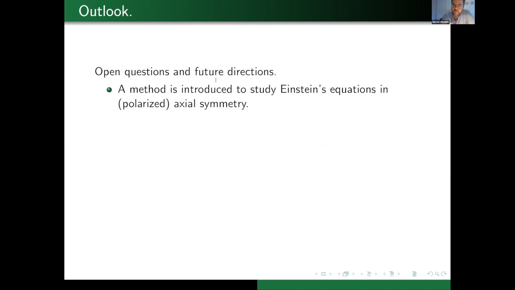The first thing I want to say is there's a new method introduced to study Einstein's equations in axial symmetry, at the very least in polarized axial symmetry for now. There's a huge wealth of results, mathematical, physical, and numerical, on studying the Einstein equation, this very complicated system, with 2 degrees of symmetry.